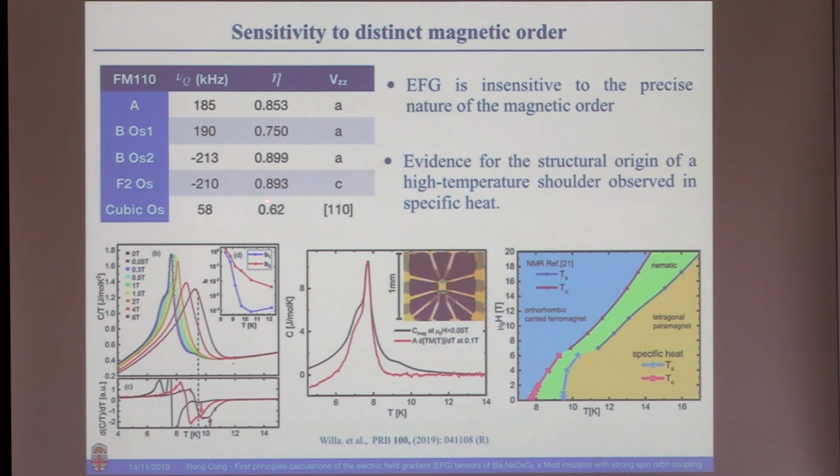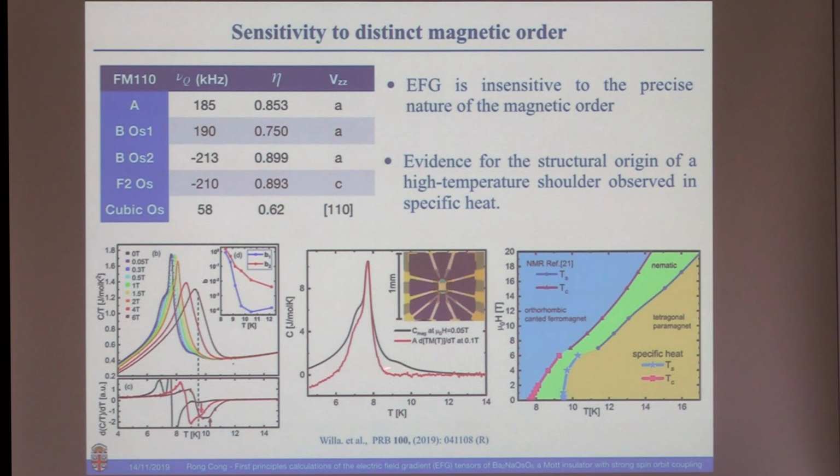So it's not sensitive to the magnetization, which is supported by a recent specific heat measurement. Apart from the magnetic transition, they also see a field-independent higher temperature shoulder in the specific heat, and they did a nice analysis by decoupling the magnetic and non-magnetic contributions to the specific heat.